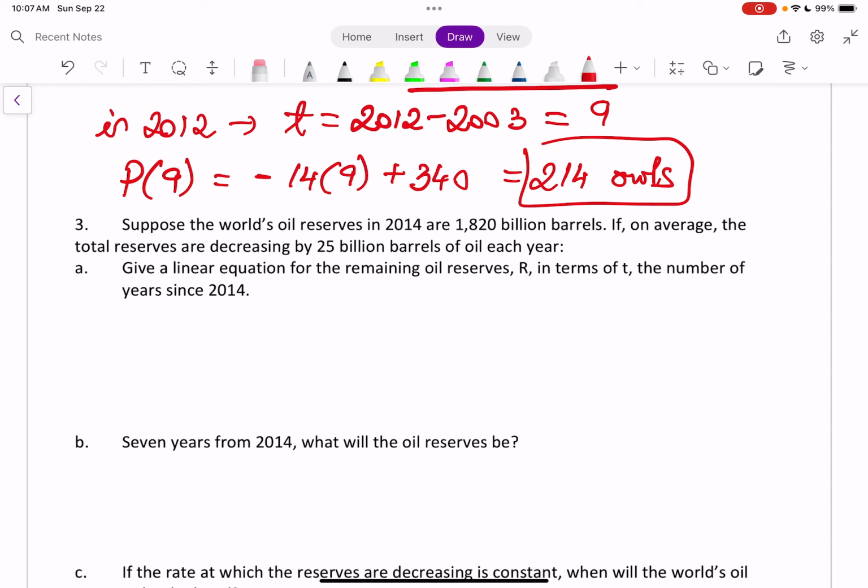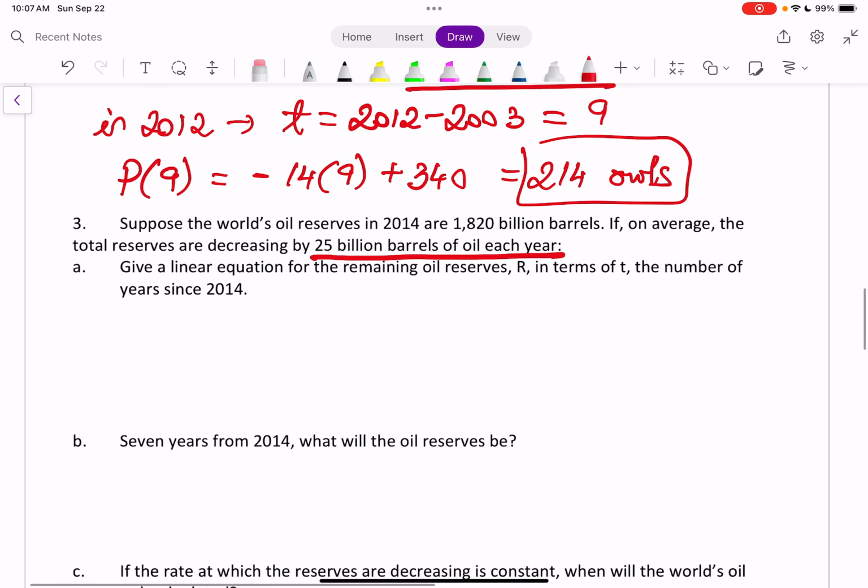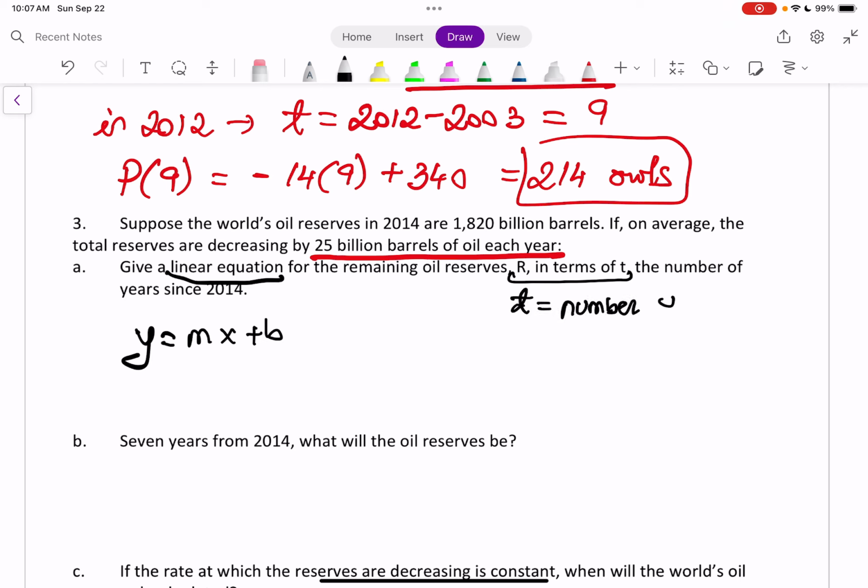If, on average, the total reserves are decreasing by 25 billion barrels of oil each year, give a linear equation for the remaining oil reserves R in terms of the time t, where t is, again, let's count it since 2014.